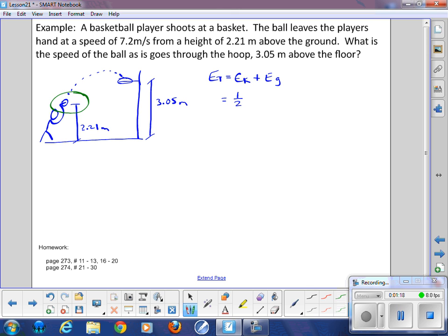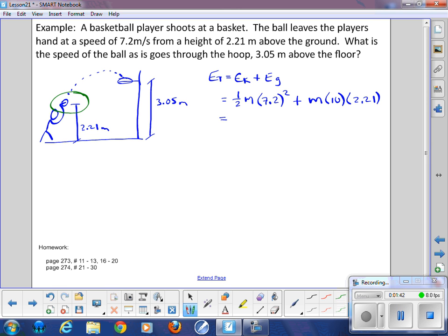So 1/2. It doesn't tell us the mass of the basketball, which actually makes the question a little bit easier for me. I just don't have to go grab the calculator. And a speed of 7.2 squared, so that's pretty good shot speed, plus mgh, 10 and the 2.21.